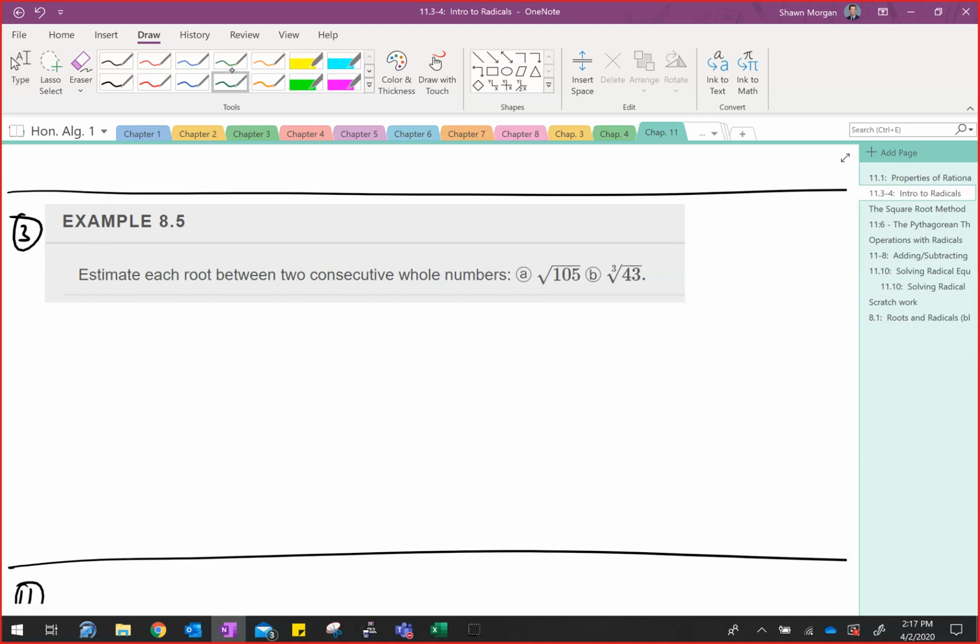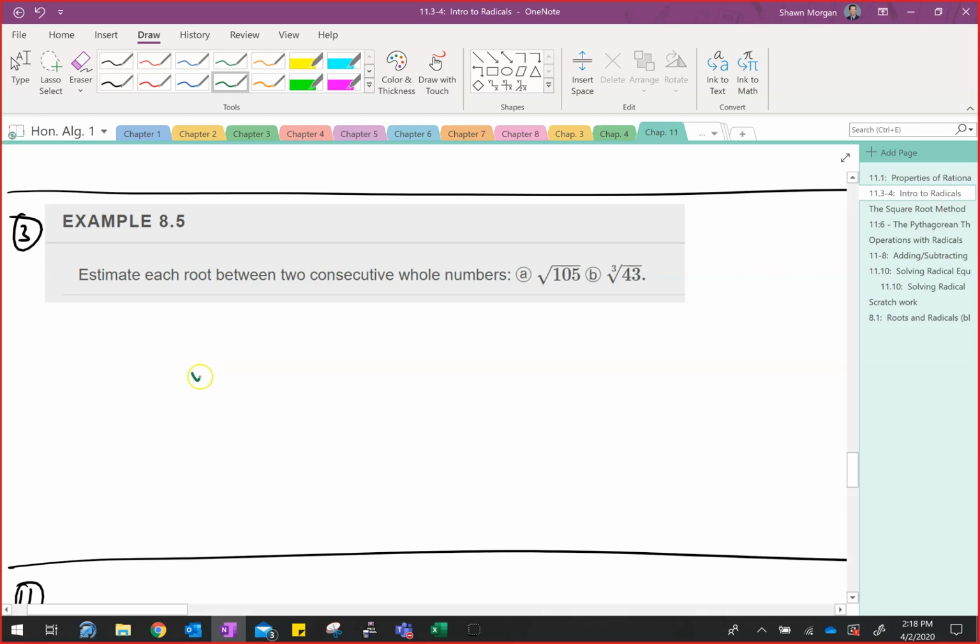So the square root of 105, Wilson, what's that really close to that I do know the square root of? Webster, what perfect square do I know that's really close to 105? All right, Perone, I'll kick it over to you. 10.